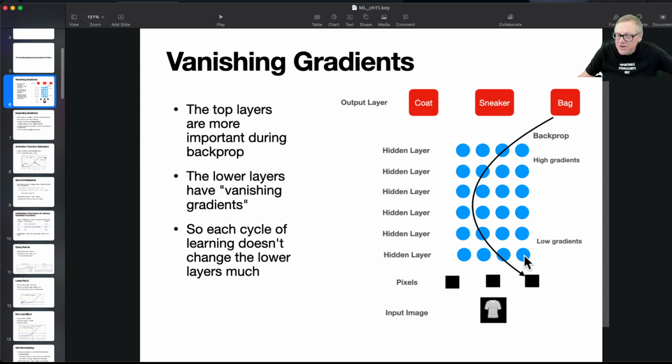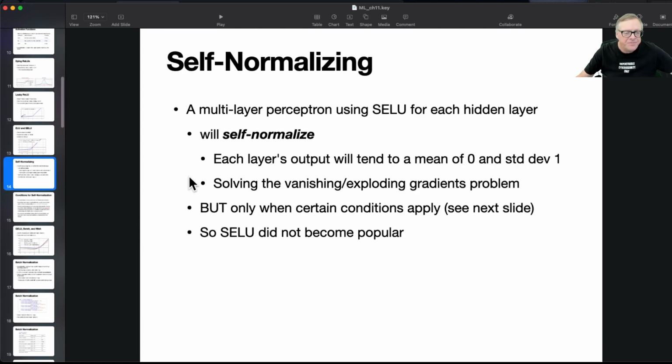So mean of 0 and standard deviation of 1 everywhere. You don't have one with a standard deviation of 0.01 and one with a standard deviation of 10, because then you would just focus on that one layer that's doing all the work, and you wouldn't be benefiting from these other layers. You want every layer to be scaled so it makes a comparable contribution to the others, and therefore you get a chance to optimize them all.